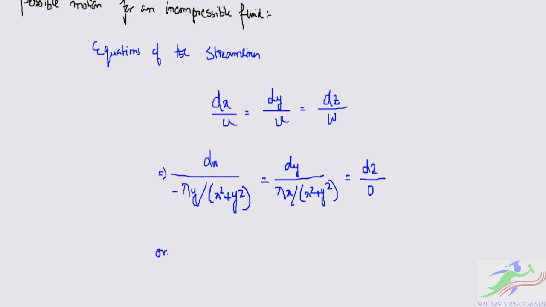Or we can write from here that x dx plus y dy is equal to 0 and dz is equal to 0.